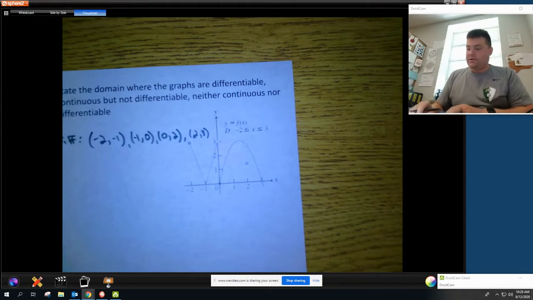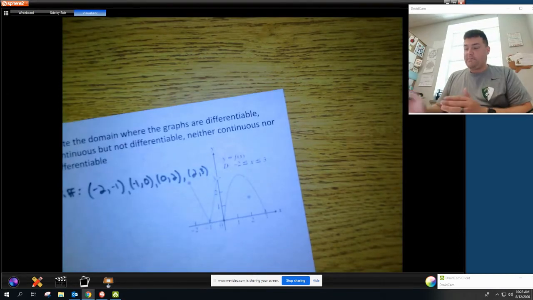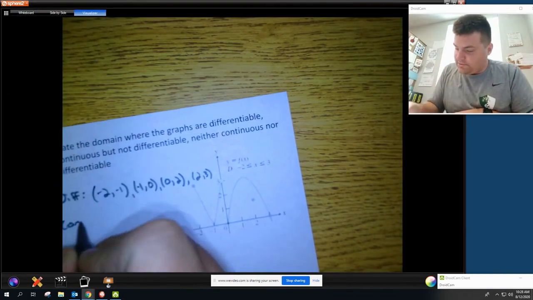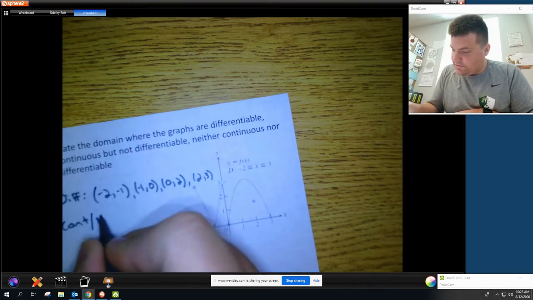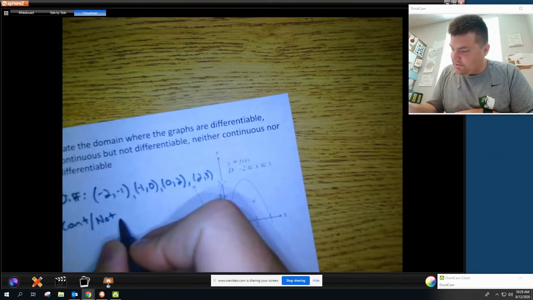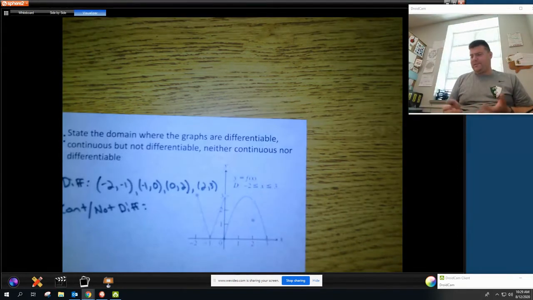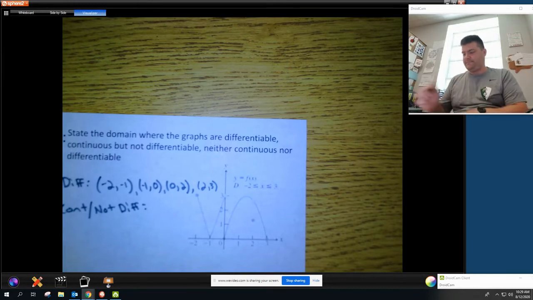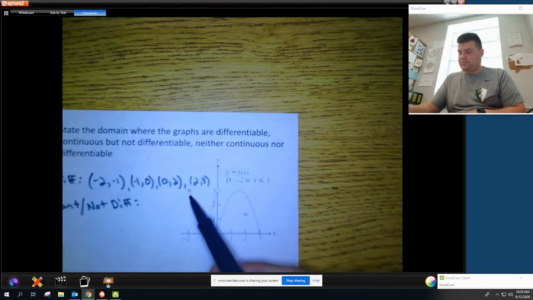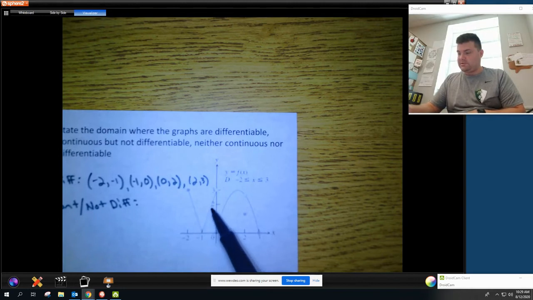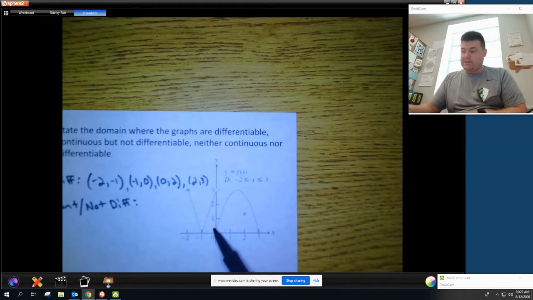Now let's talk where it is continuous, but not differentiable. So this isn't going to be so much of an interval. We're just going to find the points where it's continuous, but not differentiable. So, well, continuous, continuous, continuous. Oh, right there.